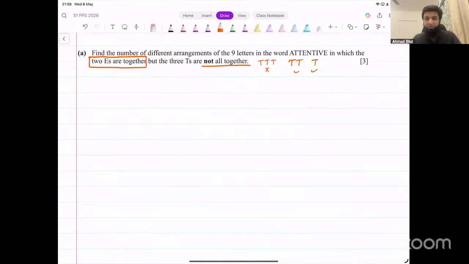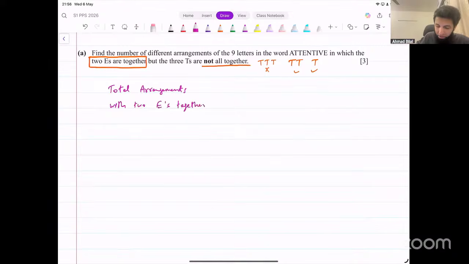So the total case that we consider would be total arrangements with E's together and no condition on the T's.